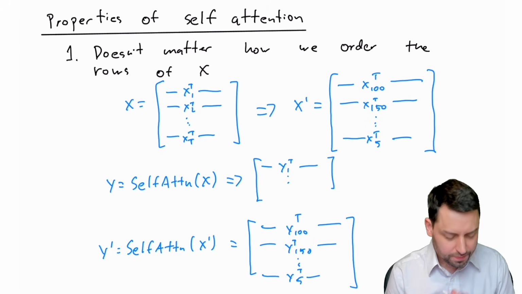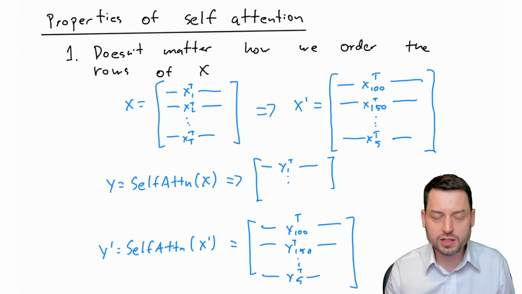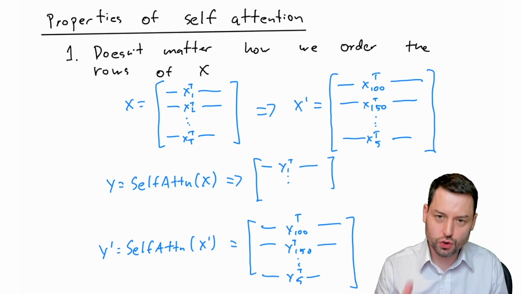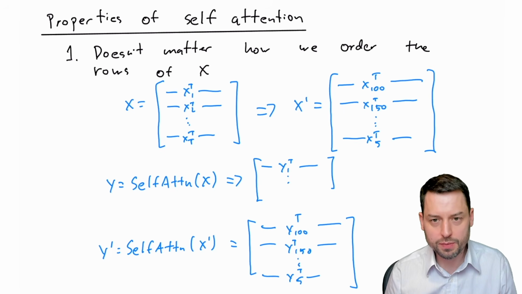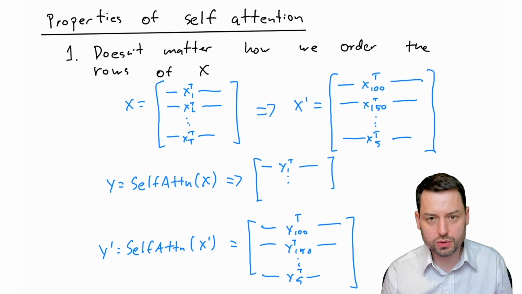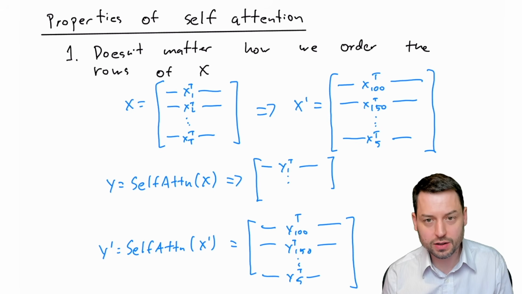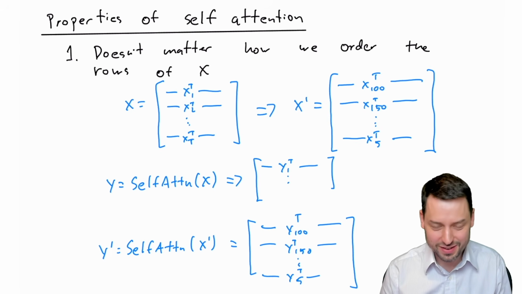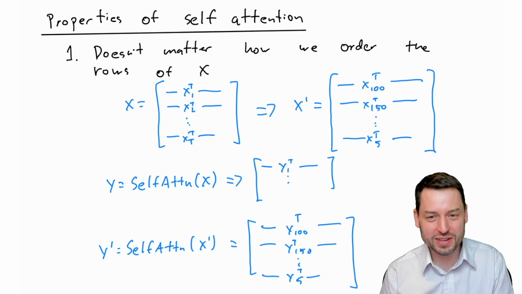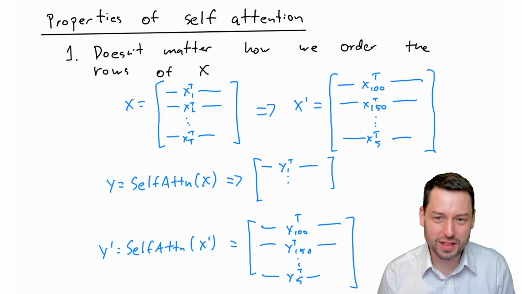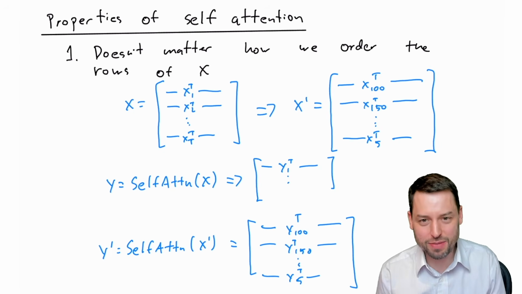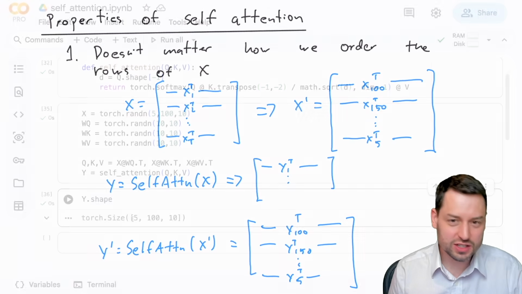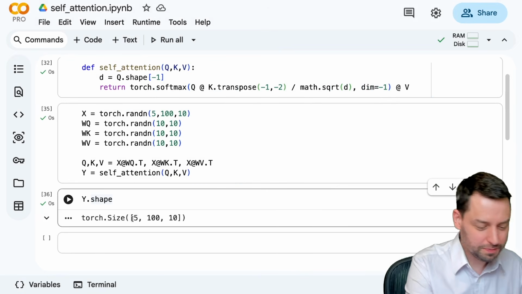In other words, if I take a matrix X and scramble up all the rows and apply self-attention to it, that is equal to the original self-attention scrambled according to the same scrambling of the rows. I can prove this mathematically, but the easiest way to see this is via code.